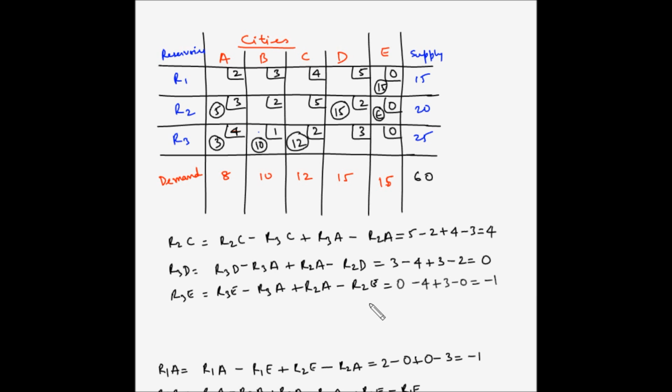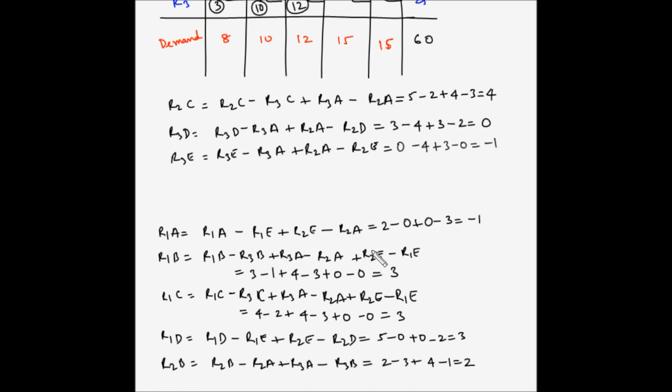What that means is that the solution that we are evaluating is not yet optimal. So let's see if we have a negative net cost change value. So this is a negative net cost change value, then again we have another one, and that's it.